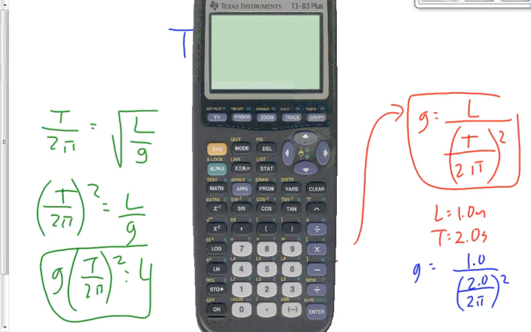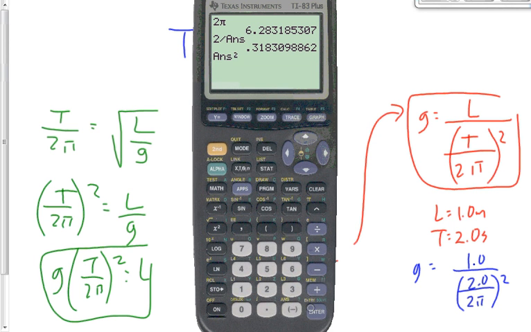Unless you're really good with brackets and really comfortable with the calculator, please do it in steps like I'm about to do it. Get the number on the bottom first. 2 times pi equals. Get that number. Press equals. And then say 2 divided by that number. 2 over that number is 0.318. Then square it. So do what's on the bottom, then do what's inside the brackets, and then square it.